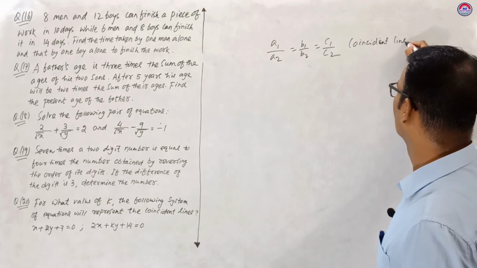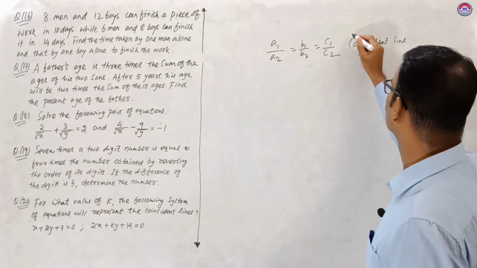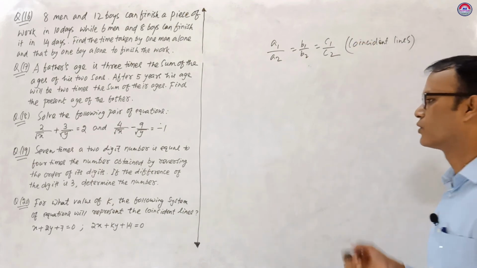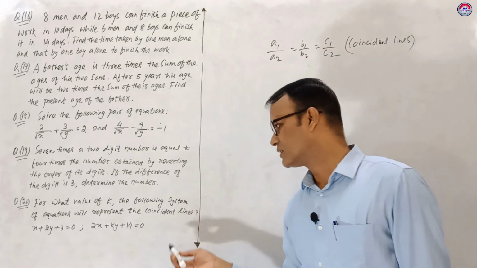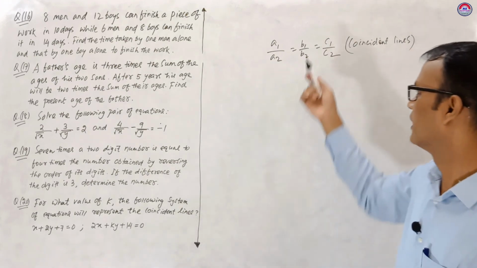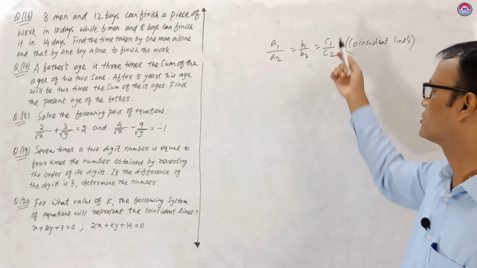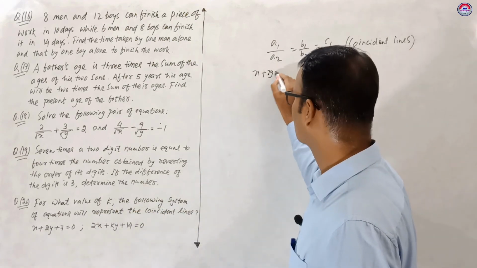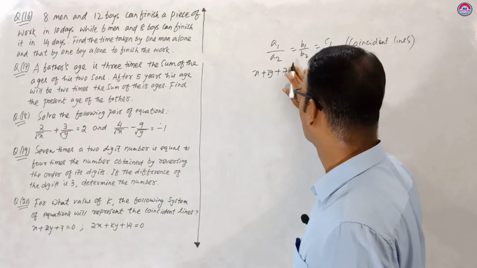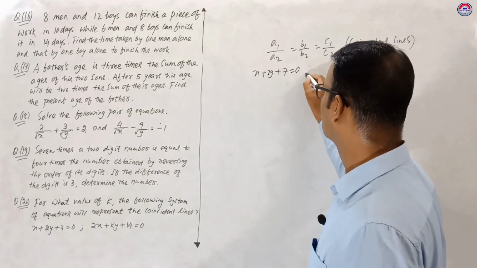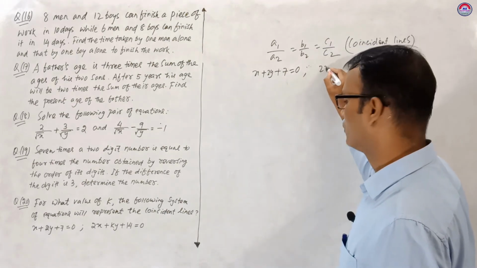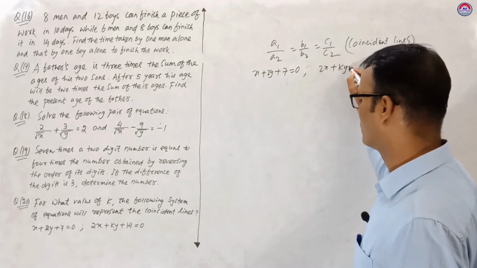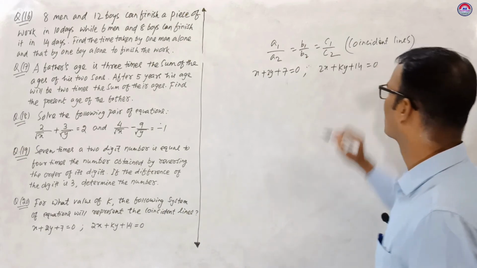Two lines are coincident when a1 by a2 equals b1 by b2 equals c1 by c2. The first equation is x plus 2y plus 7 equal to 0. The second equation is 2x plus ky plus 14 equal to 0.